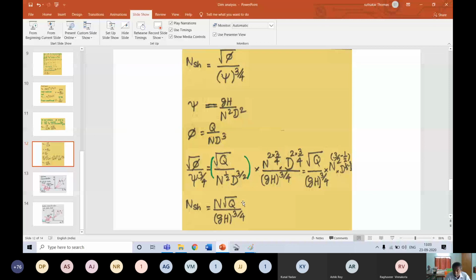Remember it is connected to efficiency. For efficient turbo machines, whatever range of specific speed is given, you have to select the corresponding machine. So for lower specific speed, the best shape is that of centrifugal pumps. For much higher specific speeds, the corresponding shape will be the axial flow machine.